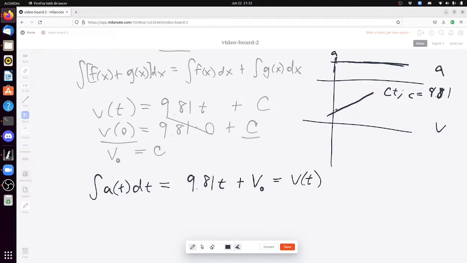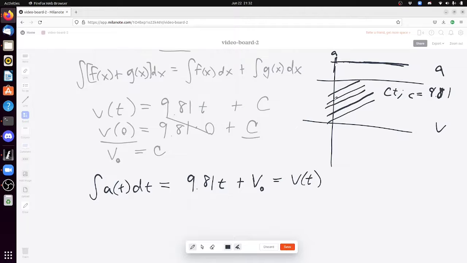And you can imagine we can change this offset here, this constant term. That's where this arbitrary constant comes in. It's essentially the y-intercept, and that can shift up or down depending on where you start. And all these are valid solutions to the integral, all these lines at different c's. That's what we mean by the arbitrary constant.